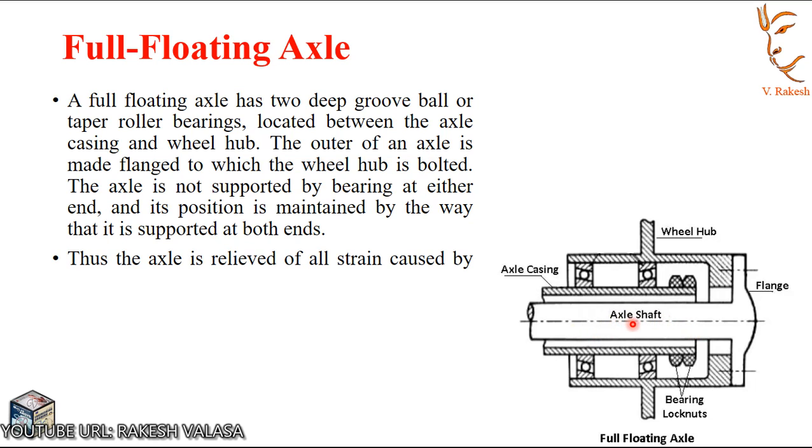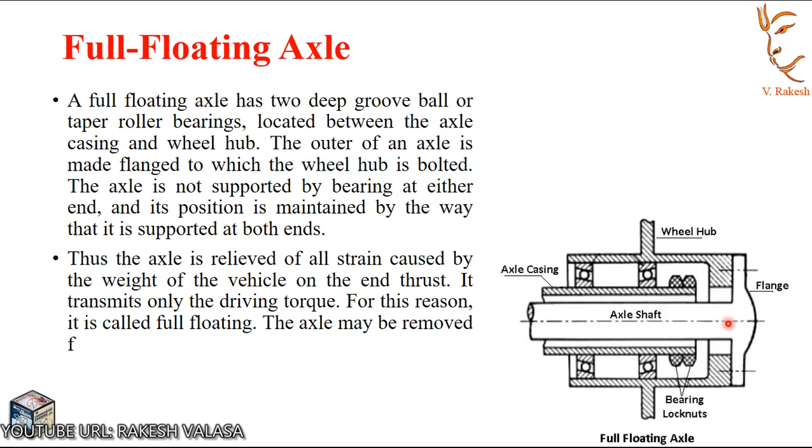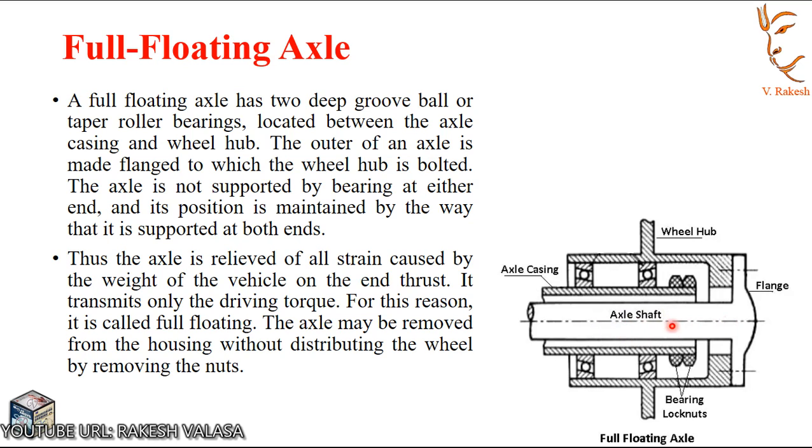Thus, the axle is relieved of all strain caused by the weight of the vehicle and the end thrust. It transmits only the driving torque. For this reason, it is called full floating axle. The axle may be removed from the housing without disturbing the wheel by removing the nuts.